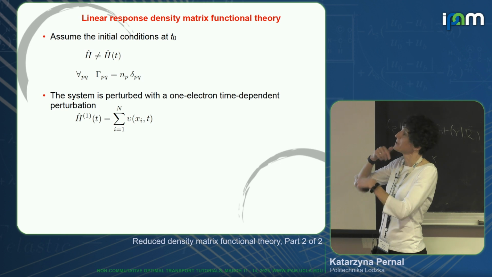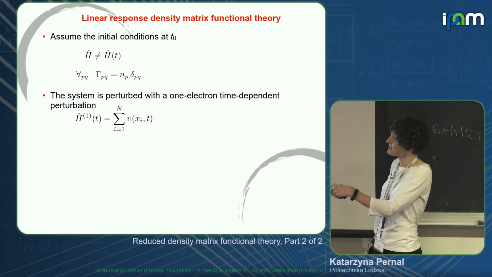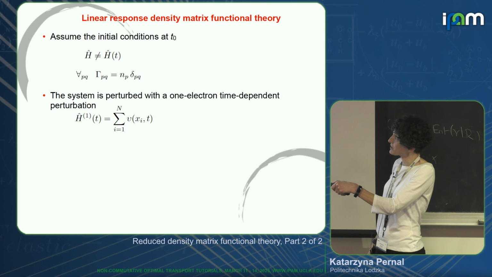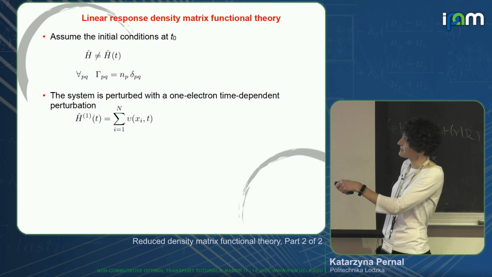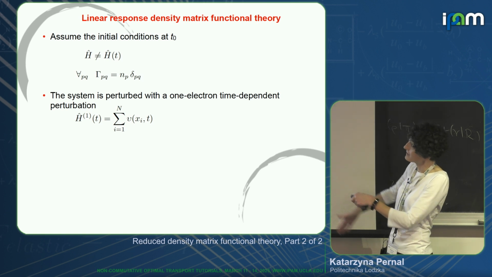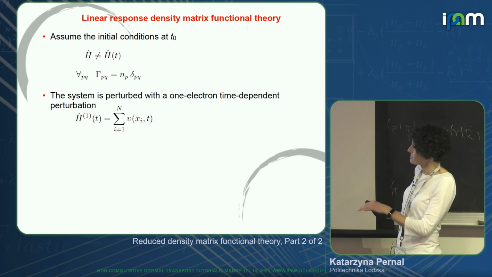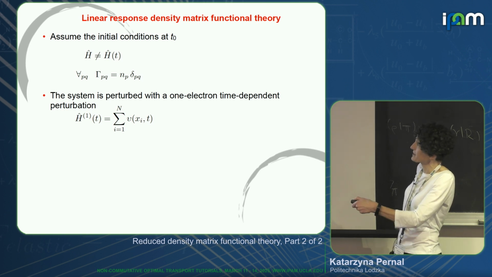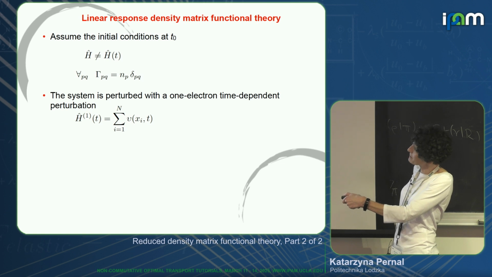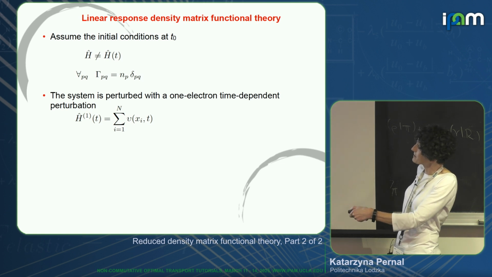So in the matrix representation, those elements are elements of the diagonal matrix, with the occupation numbers on the diagonal. But it's one of the possible choices. Then we assume that the system is perturbed with a one-electron time-dependent perturbation.